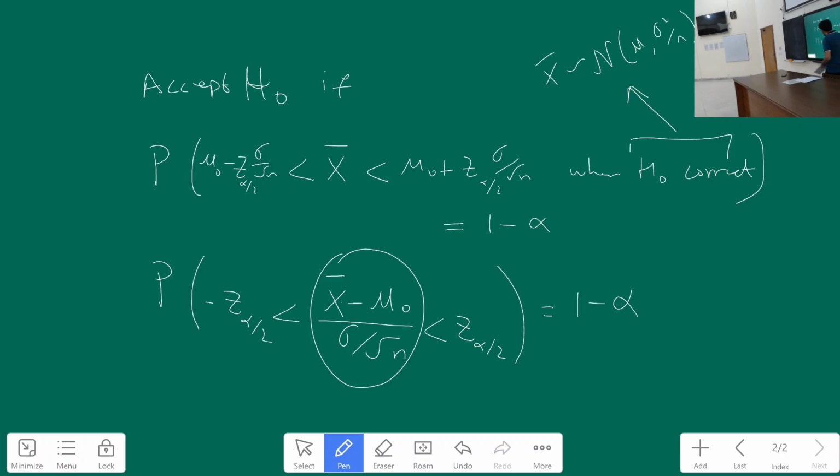I can make use of this result. Now all you have to do is select your significance level, put your sample size here, put your variance of the sample here, put your guess here, and find z from the table.